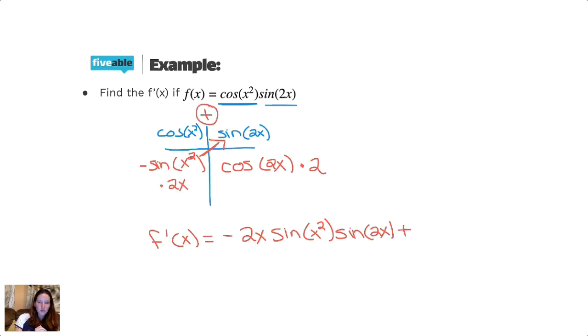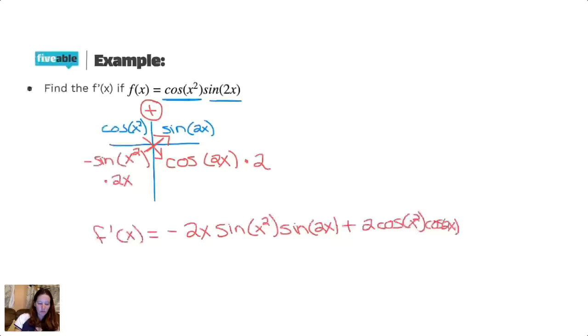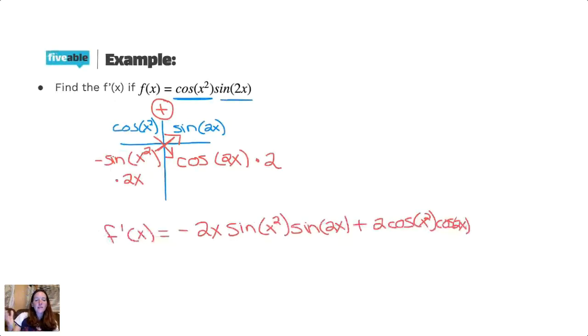So product rule has a plus my cross. So plus 2 cosine x squared cosine 2x. Make that a little neater for you. So that's it. That's the chain rule and the product rule put together. So we certainly can use that.